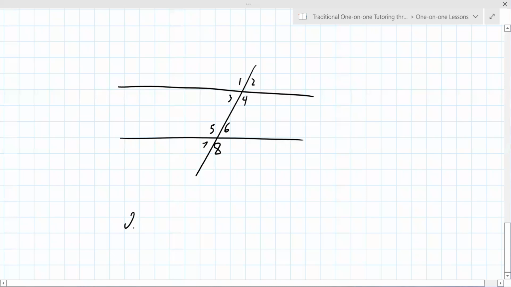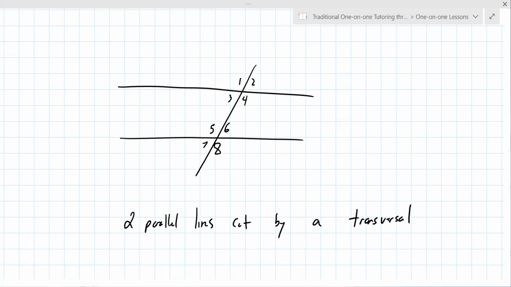These are two parallel lines cut by a transversal. Okay, thank you. That's what I was trying to remember that whole time. It was almost there. Two parallel lines cut by a transversal. Okay, so let's go to a challenging angle transversal problem.